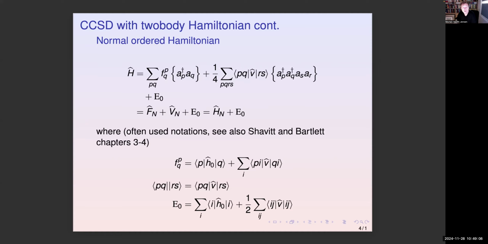In the textbook by Shavitt and Bartlett, they often shorten the integrals over the two-body interaction in terms of this term here, so you just skip the operator v. In the slides which follow, I have tried to adopt this notation as well.